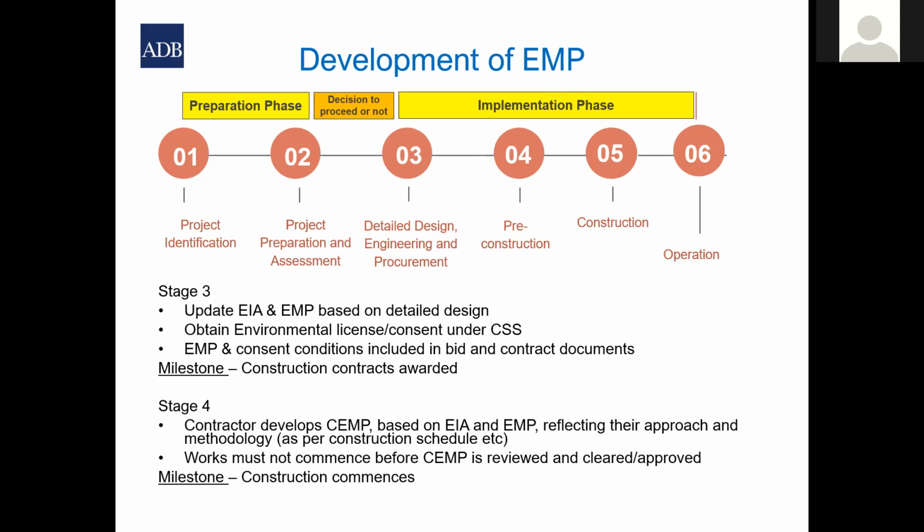And therefore, the EIA and EMP have to be updated to be relevant to the new design or the new footprint. So it's very important that at stage 3, the environmental management plan, along with the environmental assessment, is updated based on the detailed design.